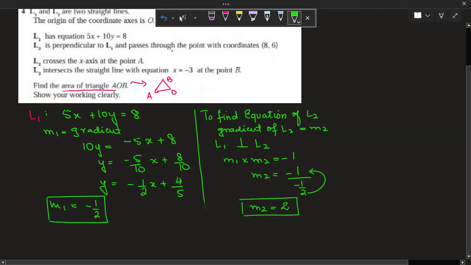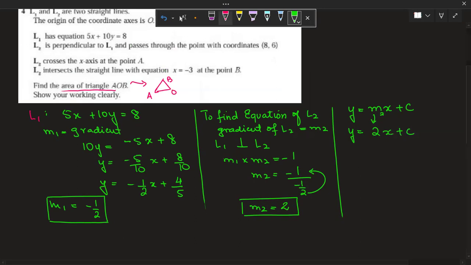Now the equation for L2 can be found using y equals mx plus c, right? I can substitute the value of m, which is M2, so that's going to be 2x plus c. To find the value of c, the question says that L2 is passing through the coordinates 8, comma 6.